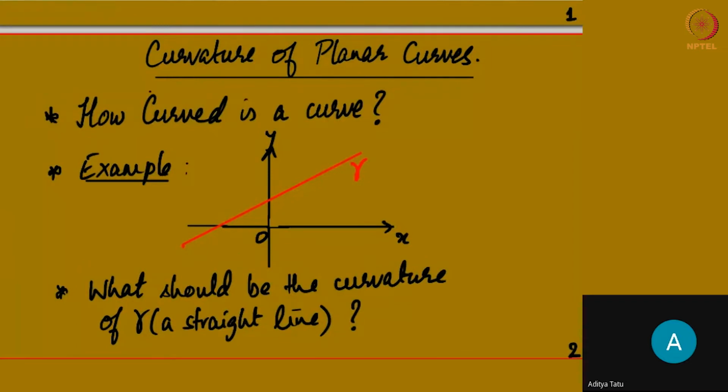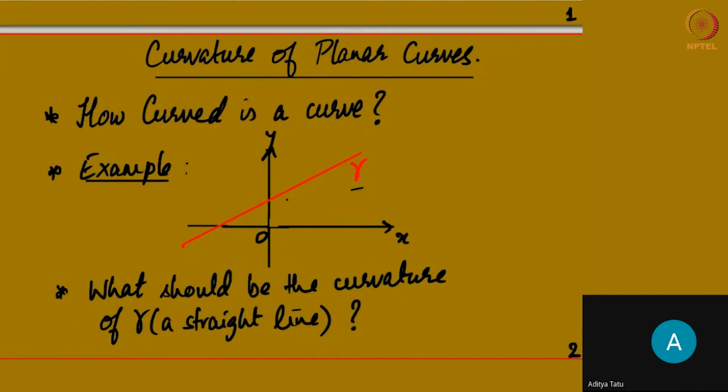You can see the XY plane that I've scribbled on the slide, and I've drawn a particular curve shown in red, and I'm calling this curve by the Greek letter gamma. Trivial question: what do you think is the curvature of this red curve?